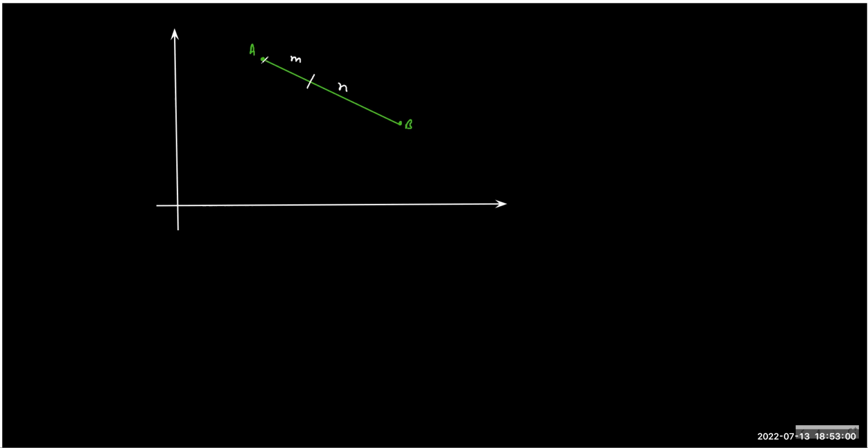Given the coordinates of A and B, we can find the coordinates of the dividing point. That's called C. This is what we learned maybe in high school. Try to understand what exactly we are trying to achieve here. We can draw a perpendicular like this from here.